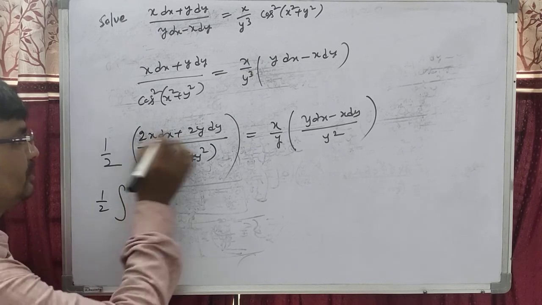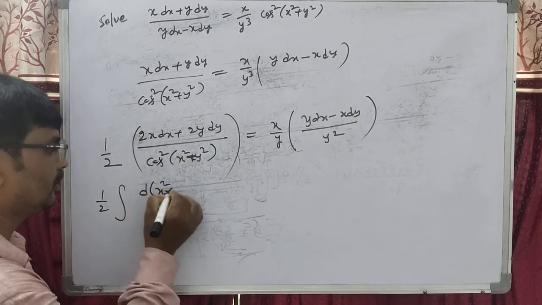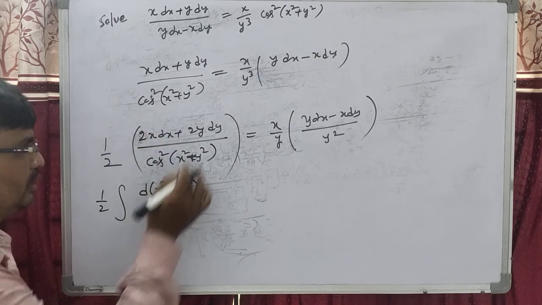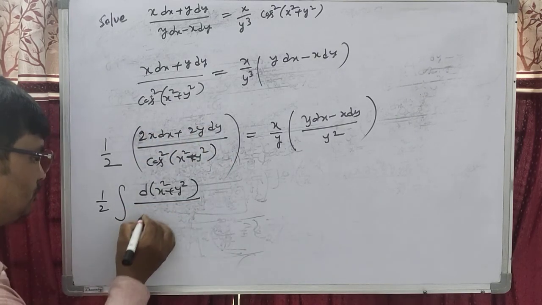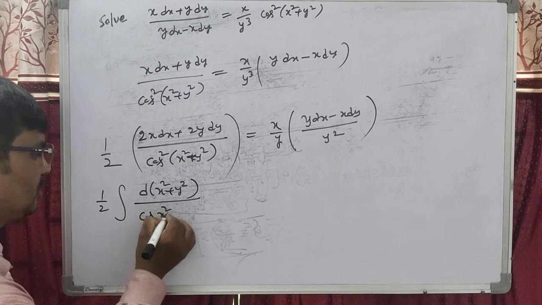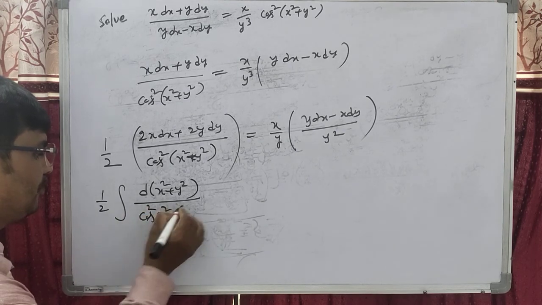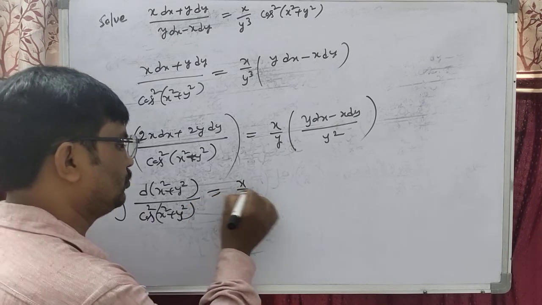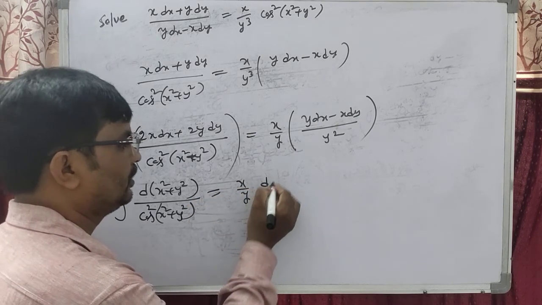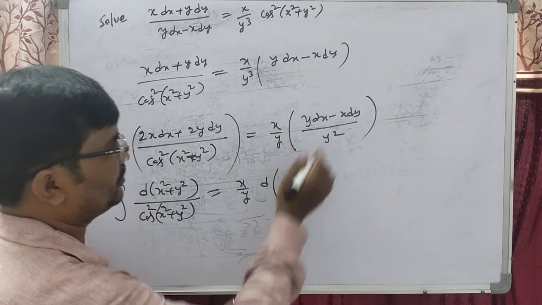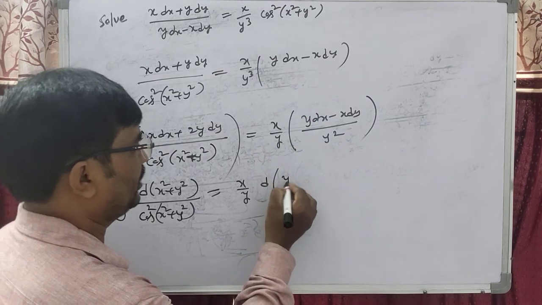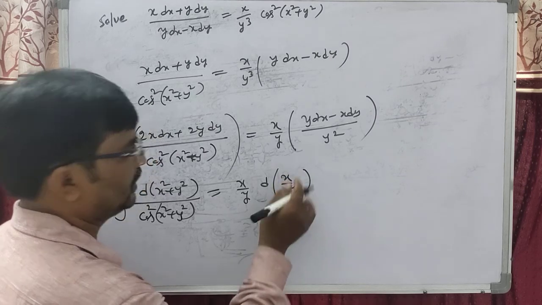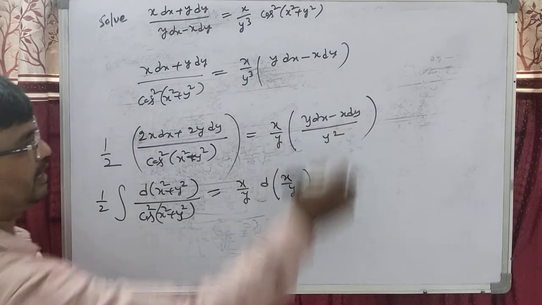Dear students, this is the derivative of x square plus y square: derivative of x square is 2x dx, y square is 2y dy, over cos square of x square plus y square. This is x by y, the derivative of what? Sorry students, this is x by y. Therefore y into dx minus x into dy.